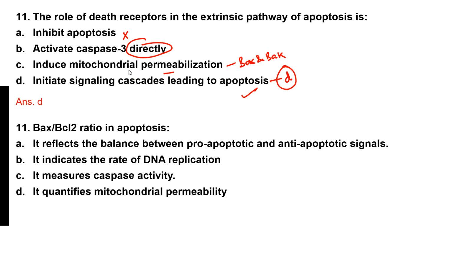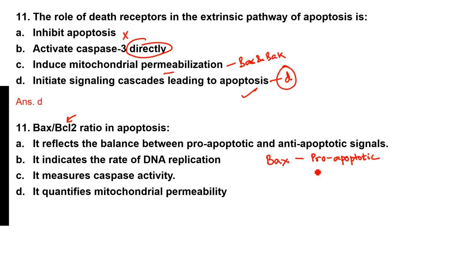Now, Bax by BCL2 ratio in apoptosis. This is one thing I didn't discuss. If you have gone through the lectures, you must have learnt about pro-apoptotic and anti-apoptotic molecules. What are the pro-apoptotic protein molecules and what are the anti-apoptotic protein molecules?